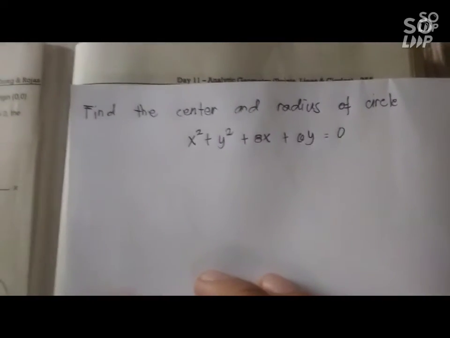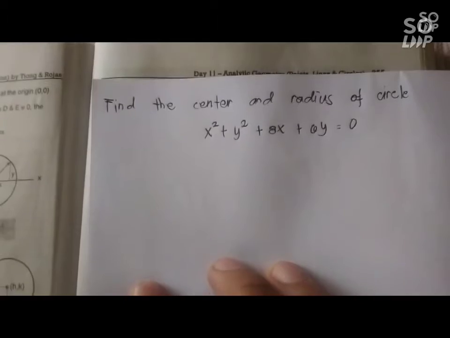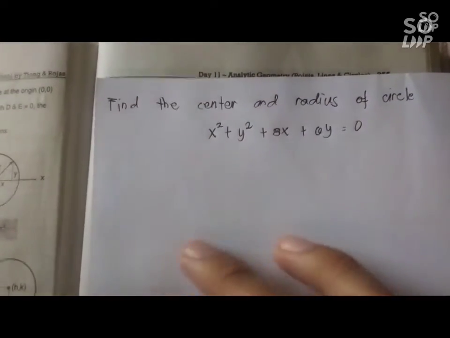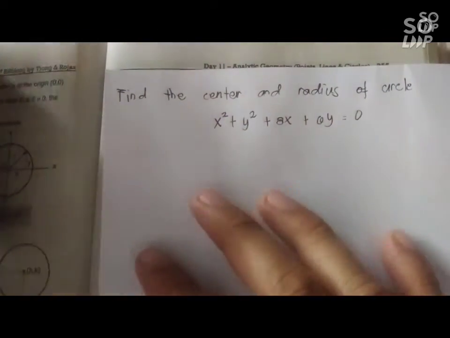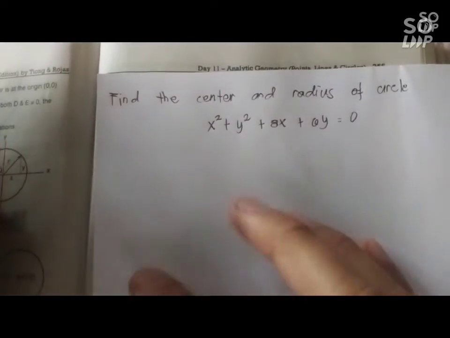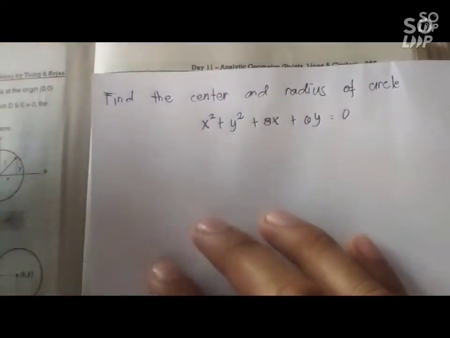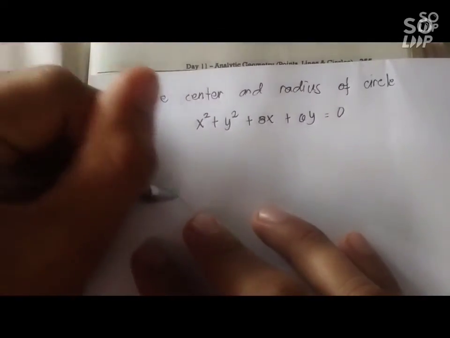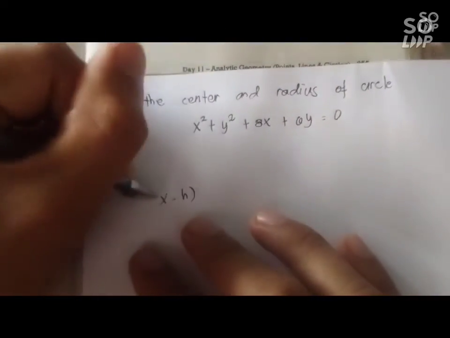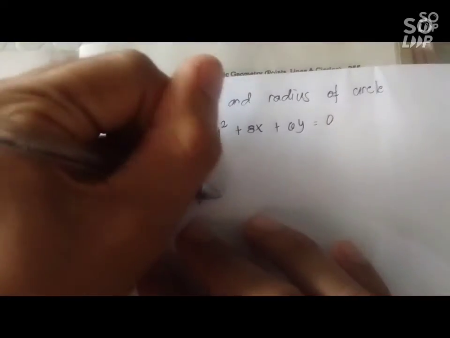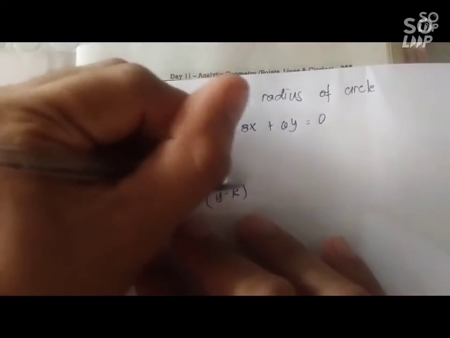So ang inyong matikdan sa problema karon is ang standard equation sa circle. Ato gamiton ang standard form nga equation, which is ang atong (x minus h) squared plus (y minus k) squared equals r squared.